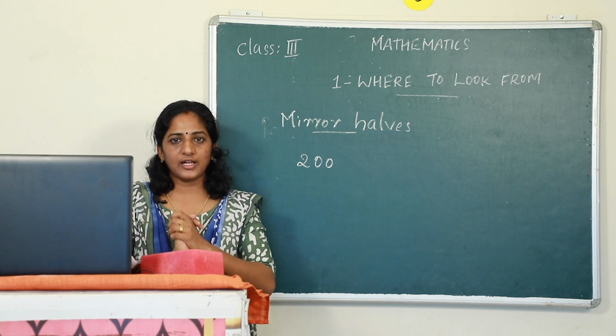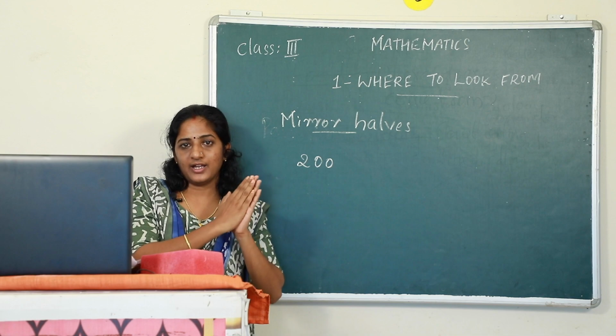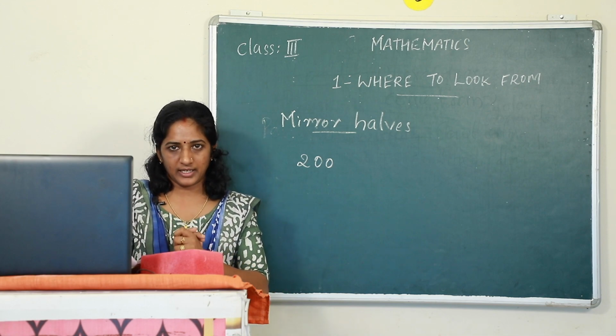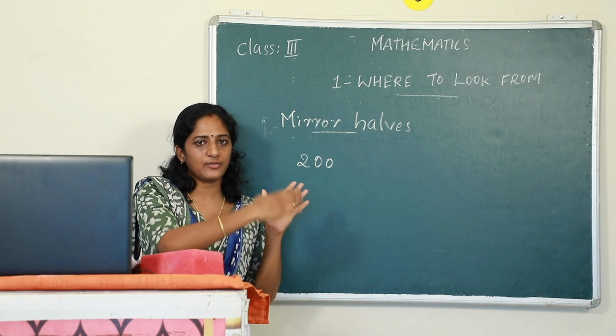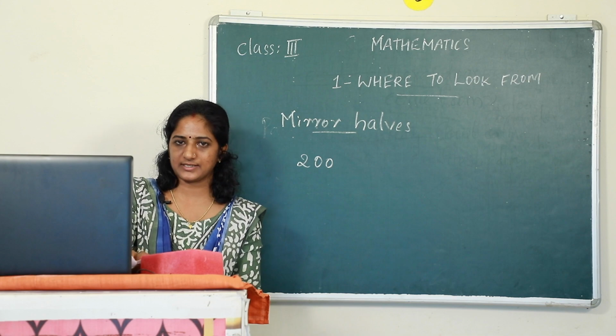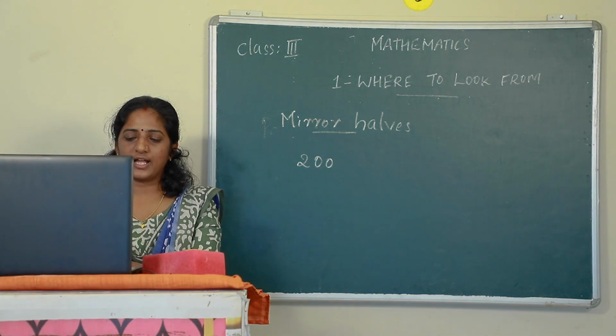For that, I will show you some alphabets in a folded way and you have to find out which alphabet that is. That means I will show you a mirror half of an alphabet and you have to find out which alphabet that is. Can you do this? Okay, I am going to show an alphabet for you.